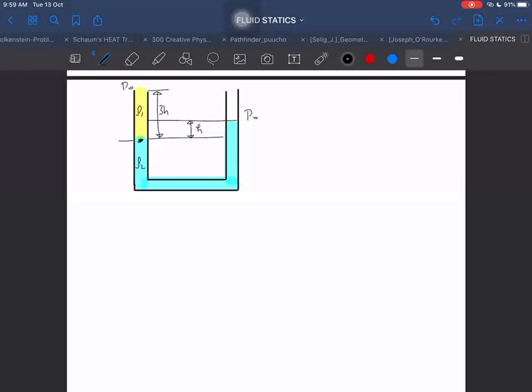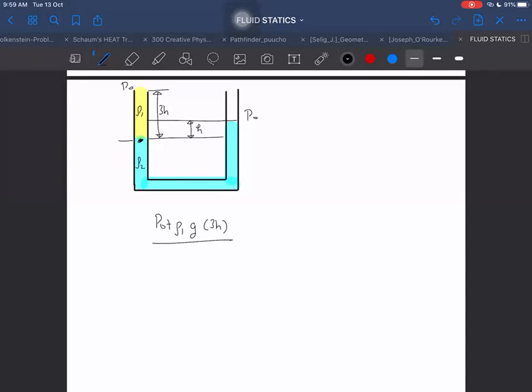Then at the interface, the pressure will be P naught plus rho 1 into G into 3H. Now take due to the other liquid.